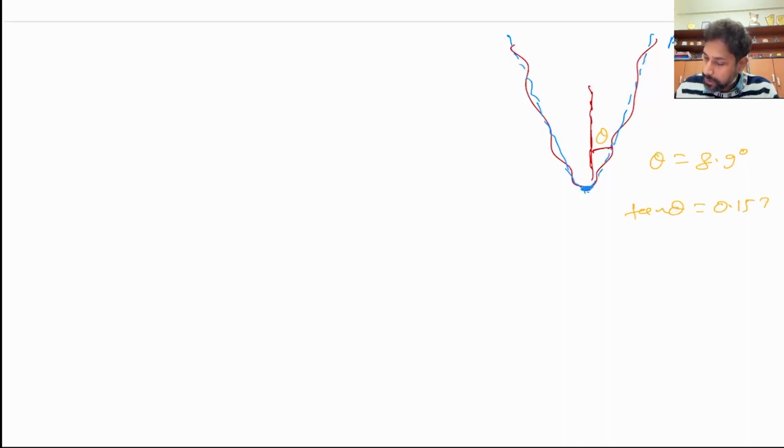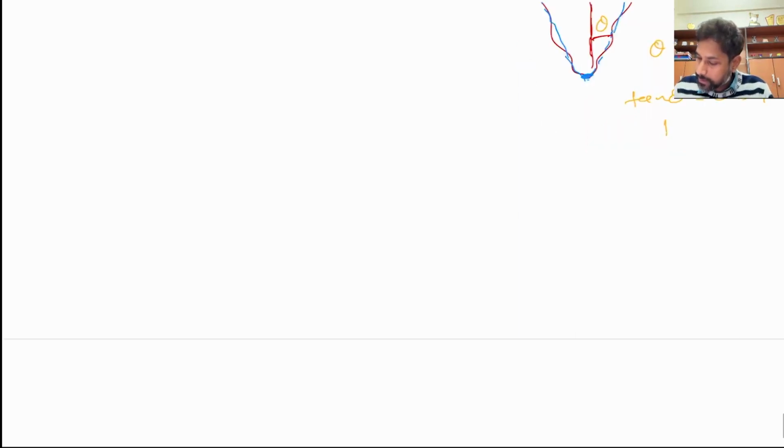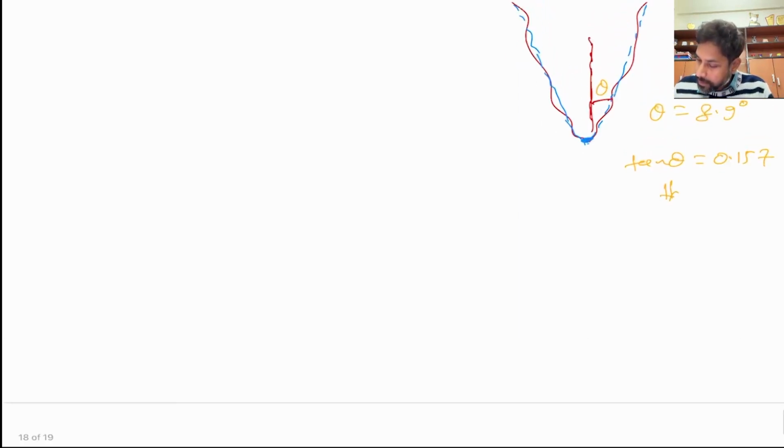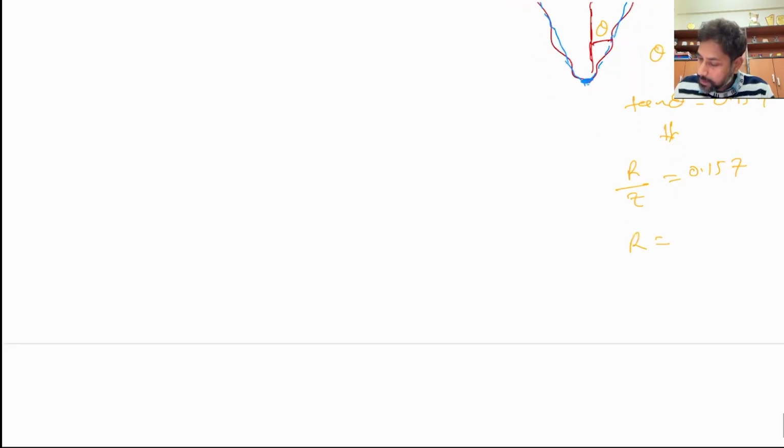So that actually tells you that r by z is 0.157, or in other words r is increasing with 0.157 times z.